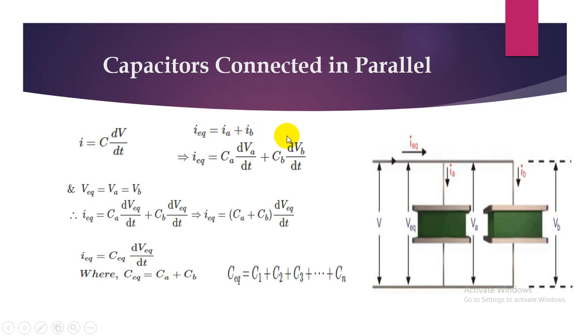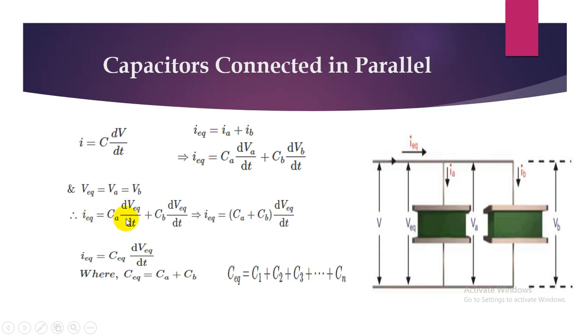As we know, when we apply KCL here, then I equivalent, the total current, is equal to IA, which is flowing through the first capacitor, and IB is the second current, which is flowing through the second capacitor. So here we are applying the same thing, these values here, CA dVA by dt plus CB dVB by dt. As we know, in a parallel circuit the voltage is the same.